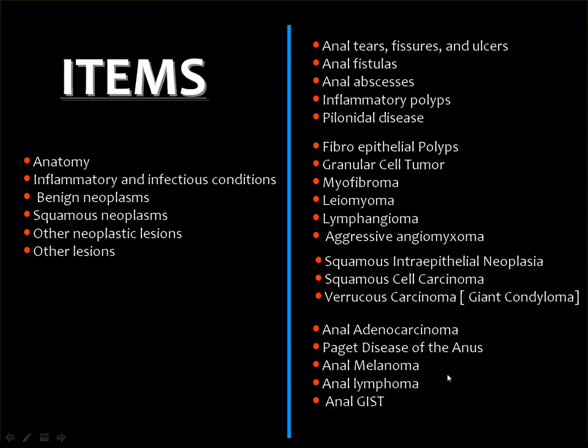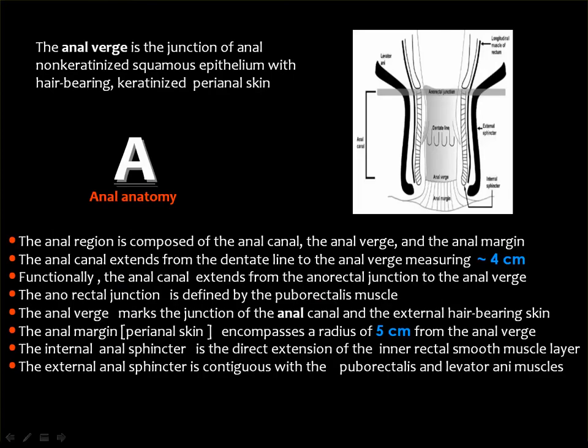Then there are some other malignancies occurring in this particular area, like the adenocarcinoma, Paget disease, melanoma, lymphoma, and the gastrointestinal stromal tumors. Then finally, we have two side issues like the hemorrhoids and the syndrome known as the solitary rectal ulcer syndrome.